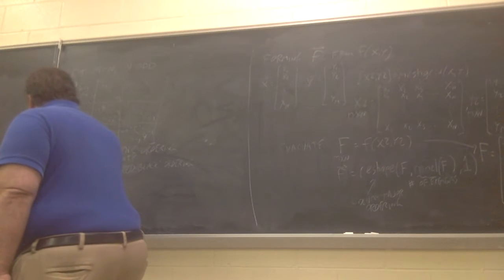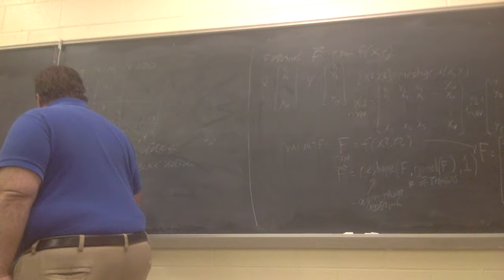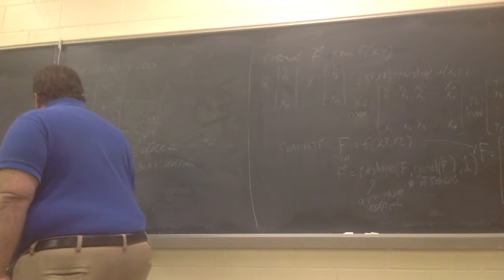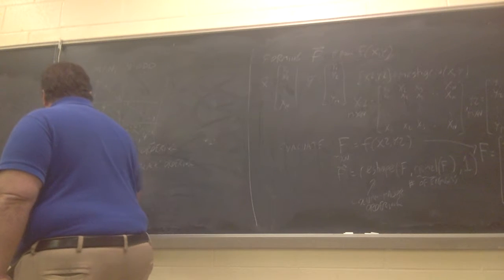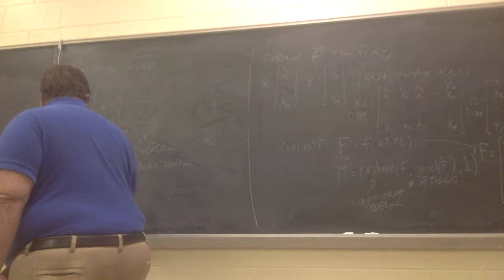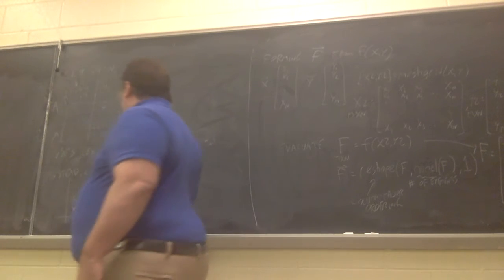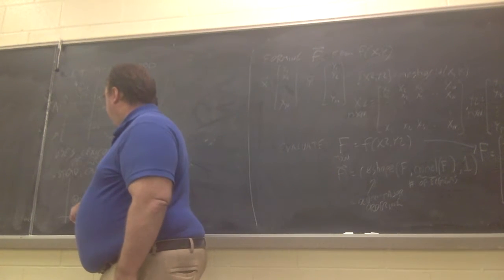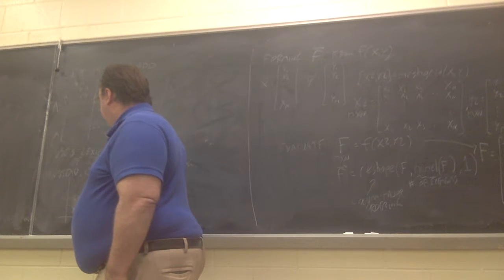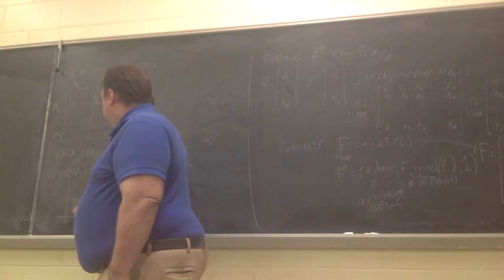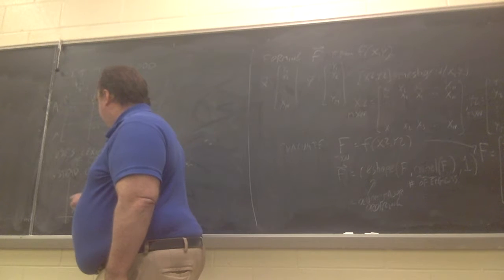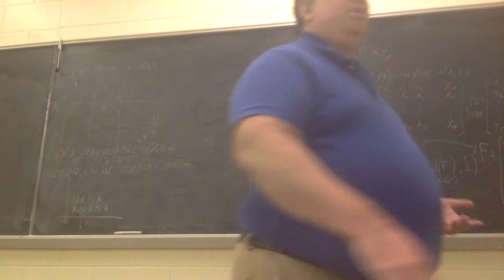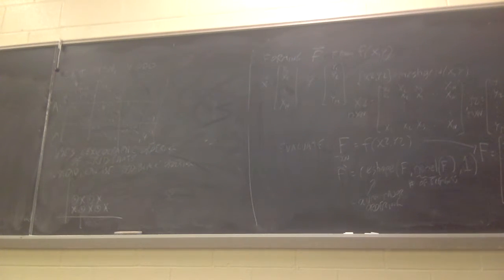So alternating points, not adjacent to each other along compass directions, are red. So red corresponds to the X's. For instance, I could label the first point as red, and then points adjacent to it along compass directions, so not kitty corner, meaning points left, right, above, and below, are black. So I make sure that no two adjacent points have the same color. It just gives you a checkerboard pattern.